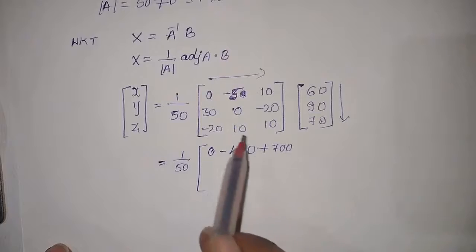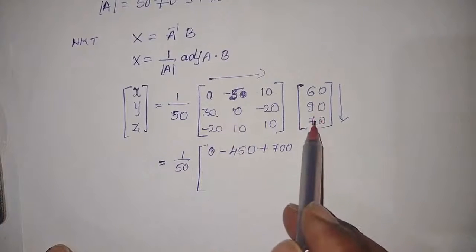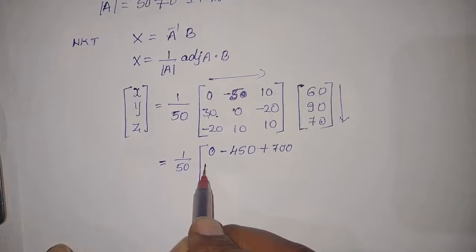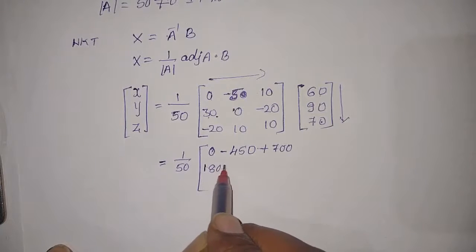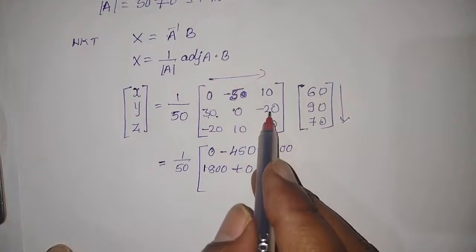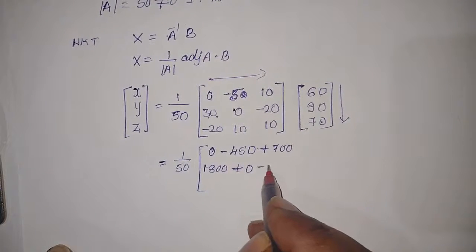Next, the second row is multiplied with the same column: 30 into 60 is 1800, 0 into 90 is 0, minus 20 into 70 is minus 1400.